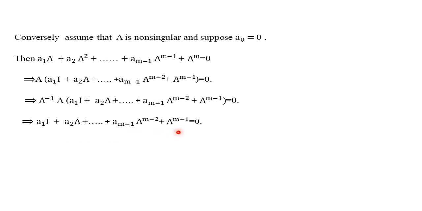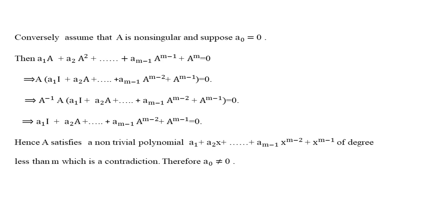If we replace A by x and I by 1, we get f of x as a0 plus a1 x plus a2 x square etc. plus a n square x power n square. So we take this as f of x. If we put x equal to A, that will be 0. Hence f of x equal to sigma i equal to 0 to n square of ai x power i is the required polynomial.